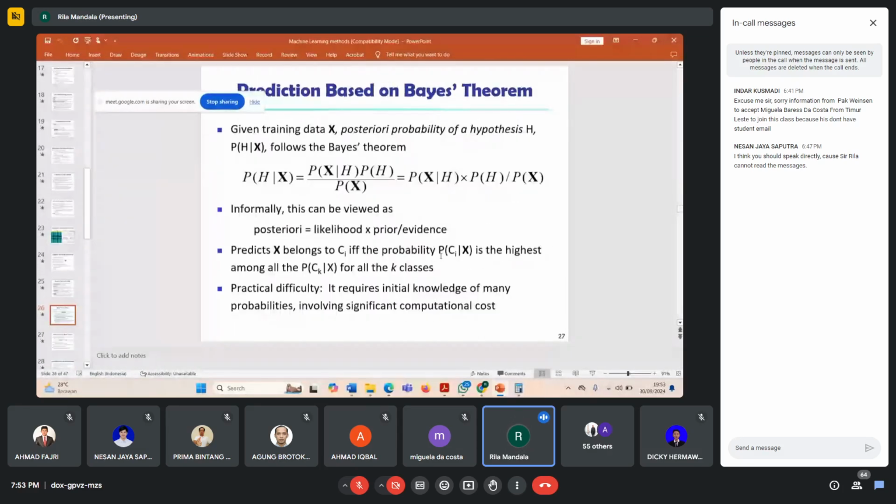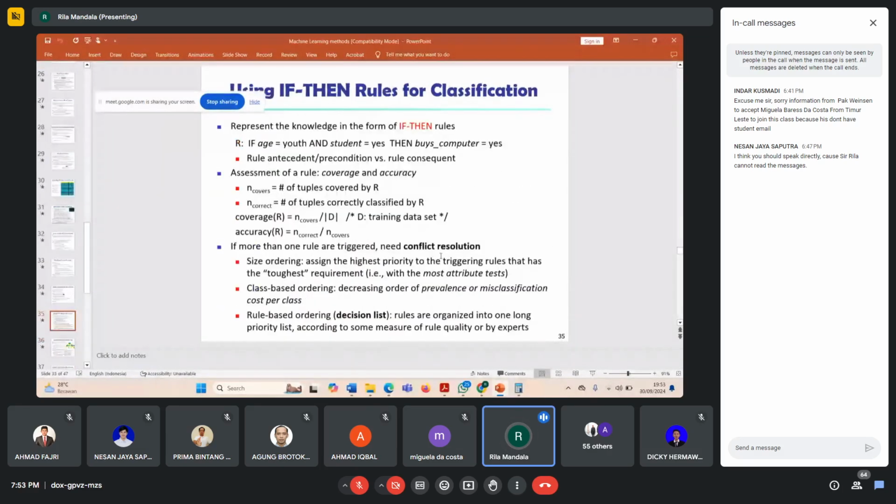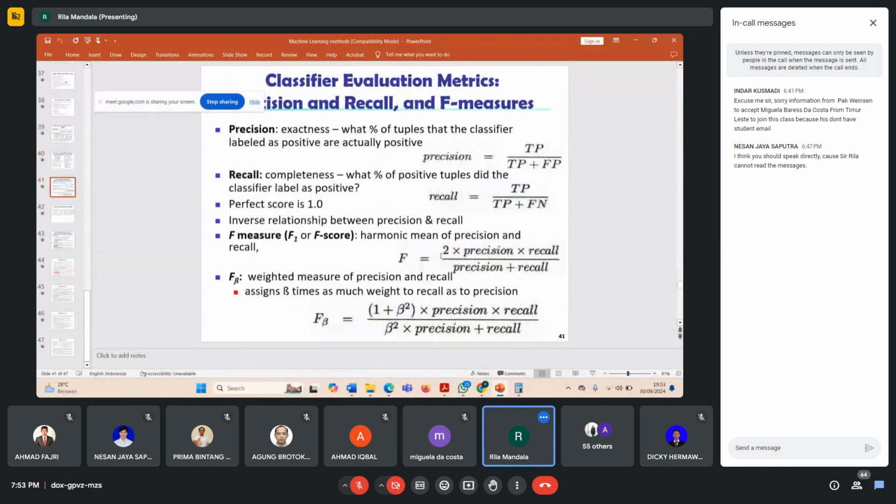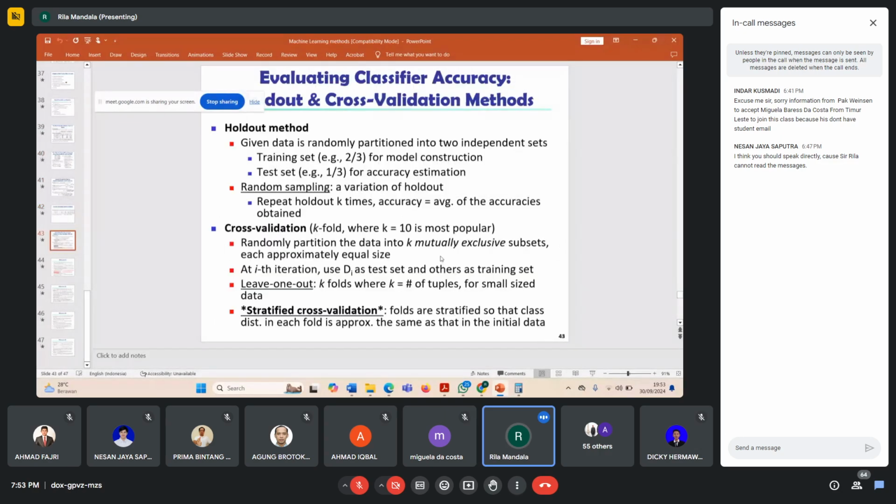Okay, before that, I want to talk about how to do experiments in evaluating accuracy. Previously it was about the performance evaluation metric, but now it is about how to evaluate the performance of the machine learning method.